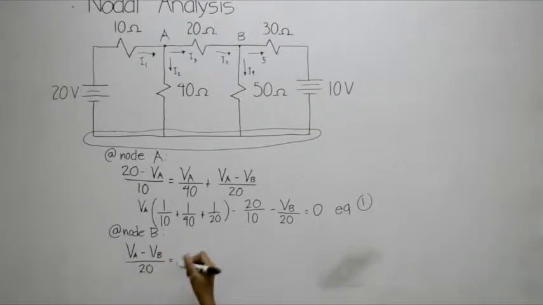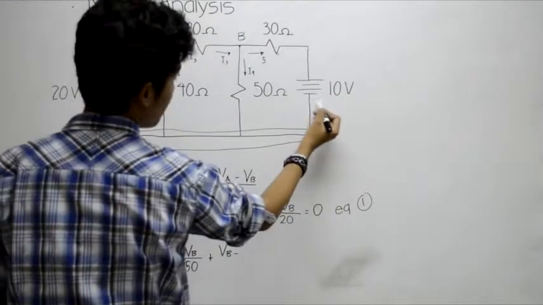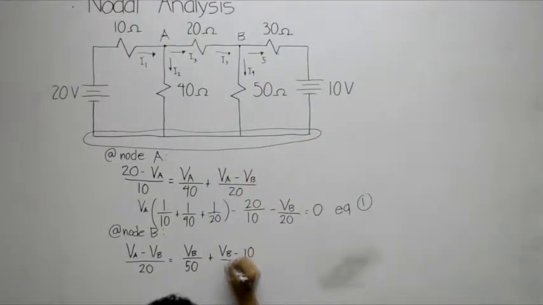Will be equal to the sum of the current leaving the node B, which is voltage B over 50 plus voltage B minus our EMF source, which is 10, over 30.